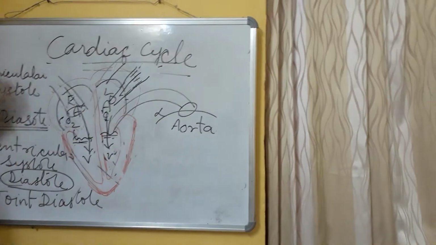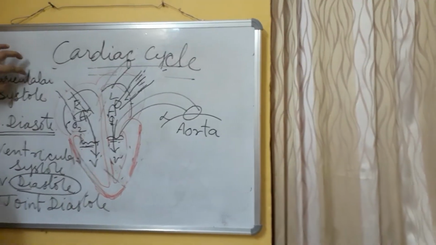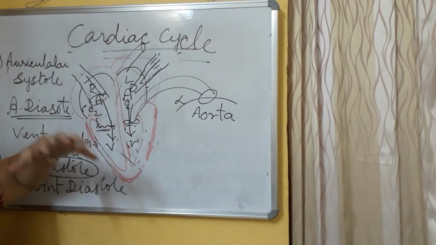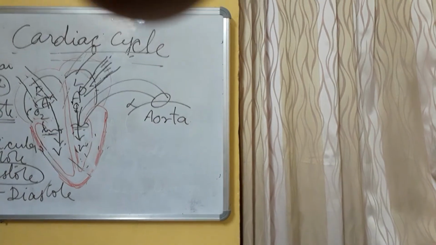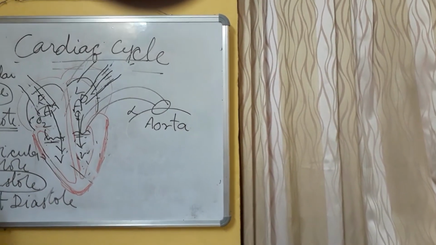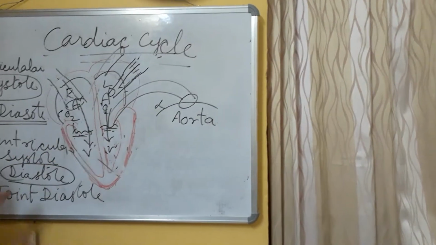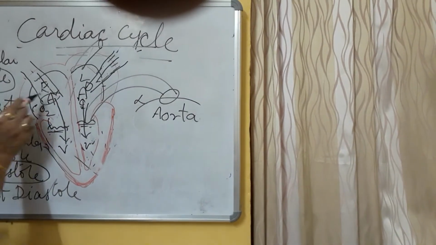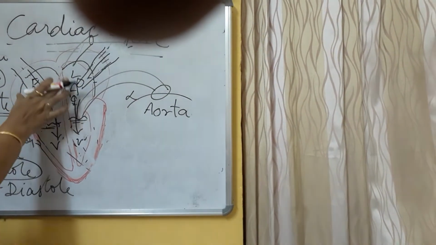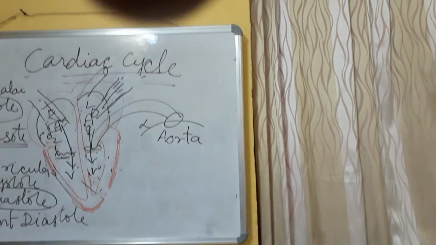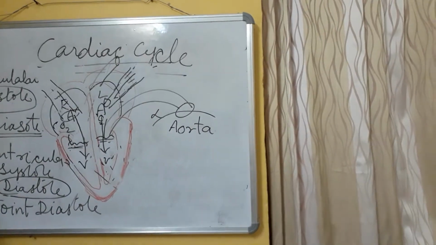Auricular systole means the auricles are in contracting condition. Remember the word systole, contraction. And auricular systole definitely means ventricular diastole. Then in auricular diastole, they are receiving the blood. So in the auricular diastole condition they are receiving blood, in the systole condition they are sending blood.